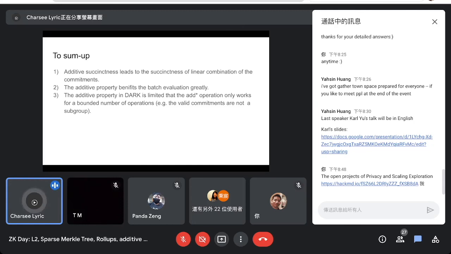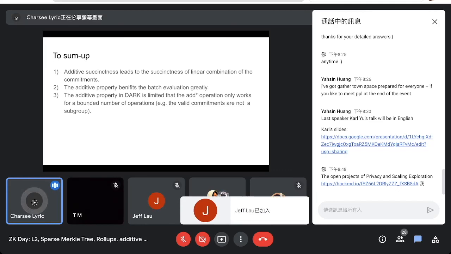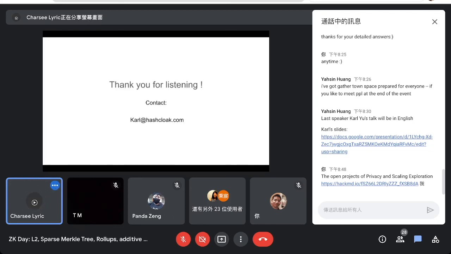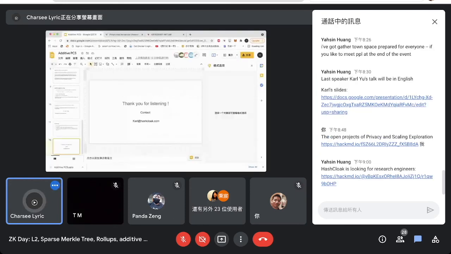One limitation of the DARK scheme is that the add operation only works for a bounded number of operations, and you need to choose the q value you want to prove. A q point that you want to prove is no less than the order of the prime field, right? Finite field. And yeah, thank you.